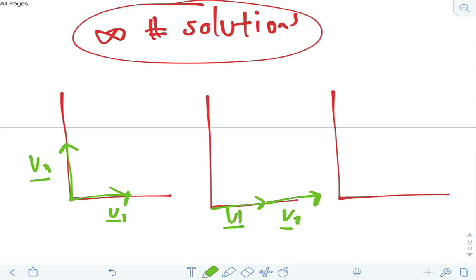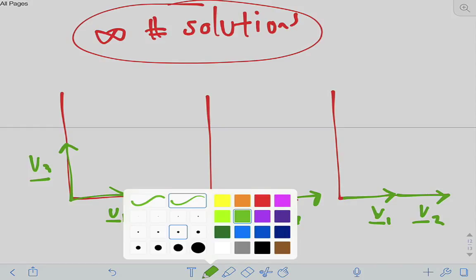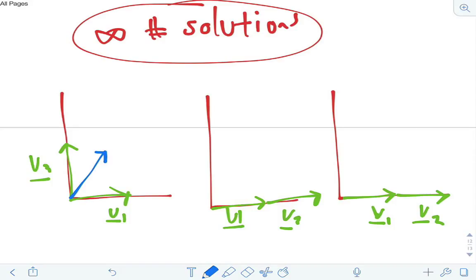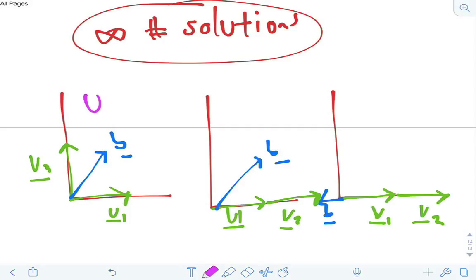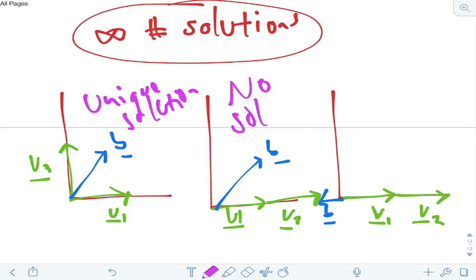And in the third case we had the same scenario. We didn't change the v1 vectors. I'm going to make b blue. In the second case, this was b. In the third case, we put b backwards. So those are the three cases, and to remind you, we had a unique solution for x1, x2. We had no solution. We had infinite solutions.